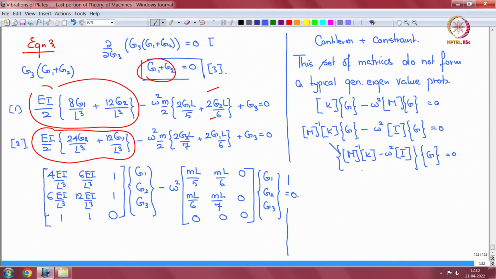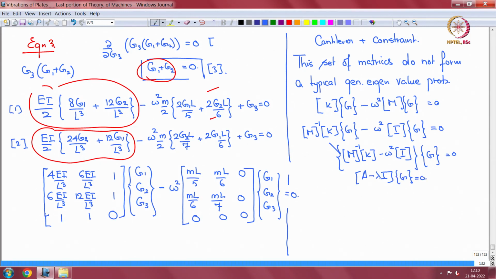Okay, so this is like A minus lambda I, let me stick to square brackets, A minus lambda I g equal to 0. So this is the eigenvalue problem.